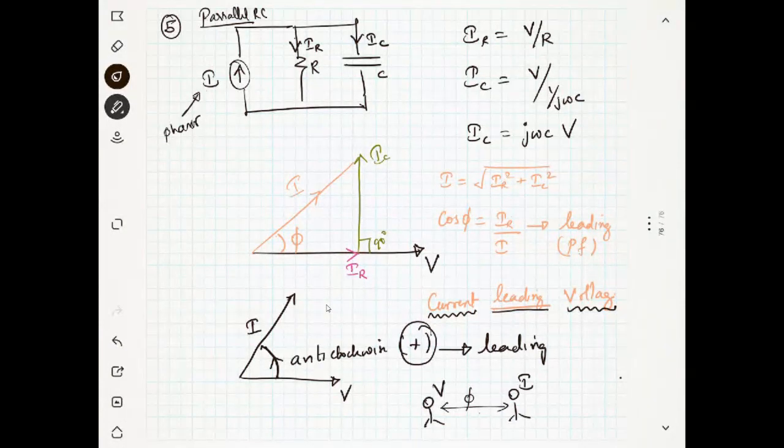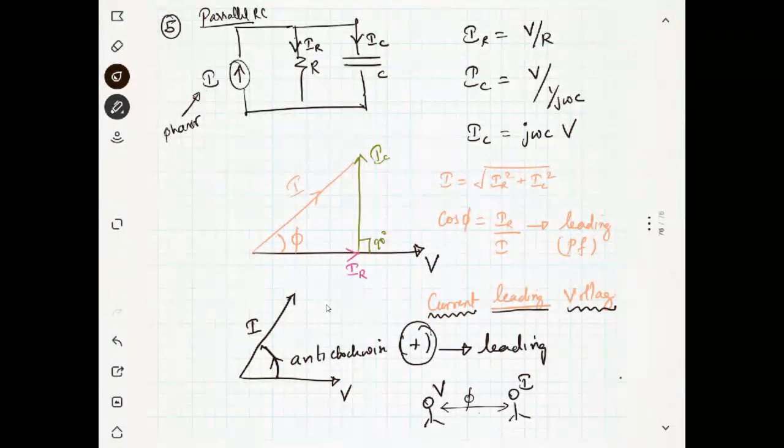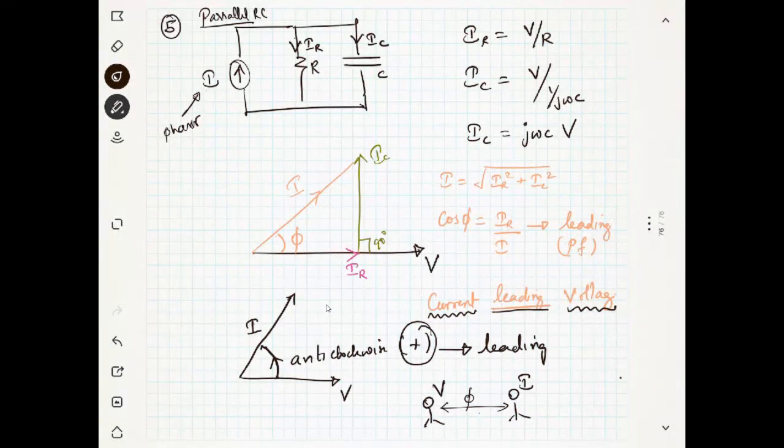If somebody tells you, I have a leading power factor, that means the current is leading the voltage. It is not voltage leading the current. That is the standard. Maybe some people use it another way. If they do, they should specify it with a sentence. Otherwise, everybody will get confused. You understood?